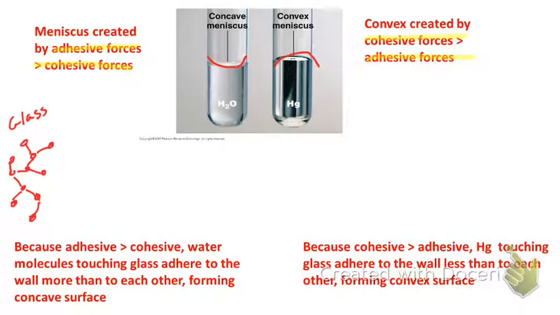Now let's compare that to water. Water has a bent structure and is a polar molecule, with a negative pole there and positive poles there, okay? So you're going to have some adhesion forces between the water molecule and the glass.